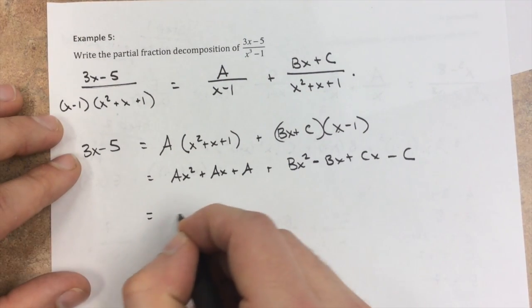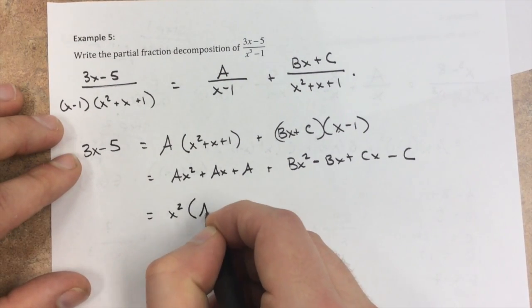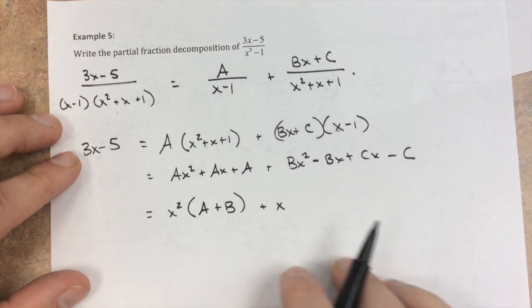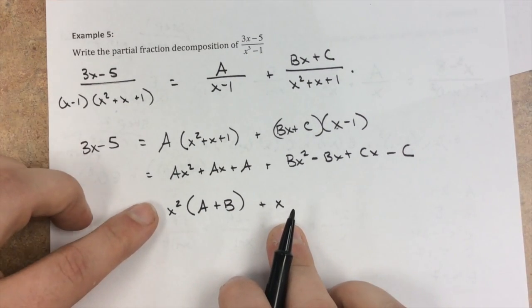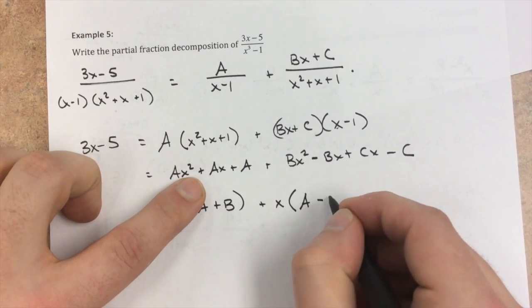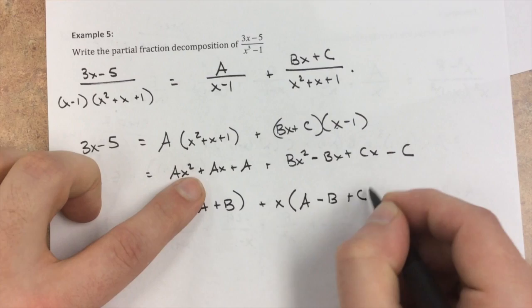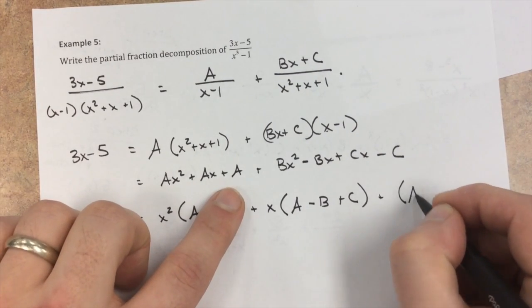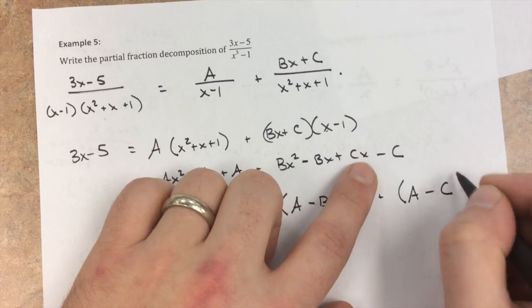So we have our x squareds, that's A plus B, plus our x terms, so we have A minus B plus C, and we have our last terms. So we have A minus C.